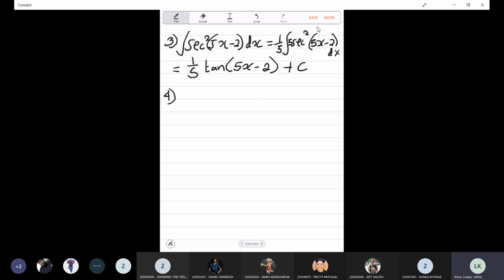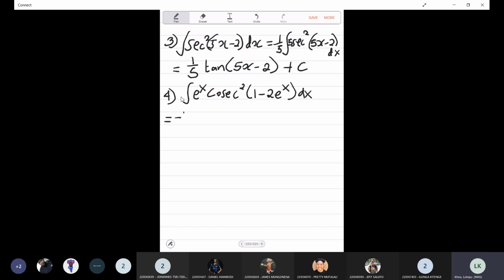Or we have the integral of e to the power of x cosec squared of 1 minus 2e to the power of x dx. So again, the derivative of 1 minus 2e to the power of x is minus 2e to the power of x. So we only have e to the power of x, so I need to add a minus 2 here and a minus a half outside.